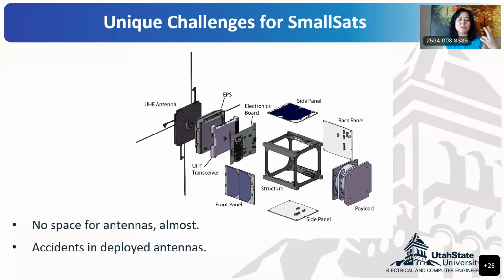So therefore, the questions to ask and solve are: there's not really a place to put antennas, so where do we put the antennas if we don't want to deploy them? Or in other words, how do we reduce the deployment mechanism? So let's move on.